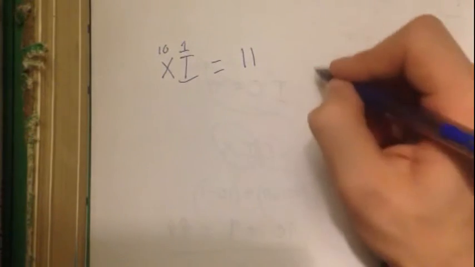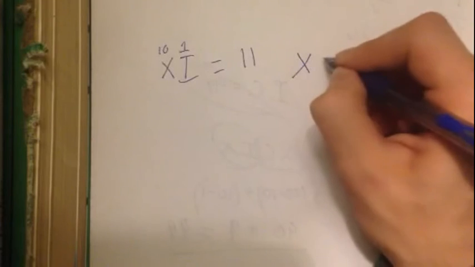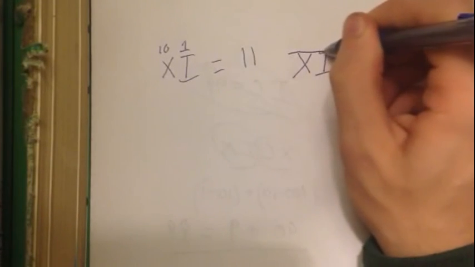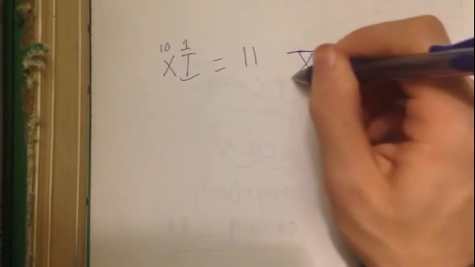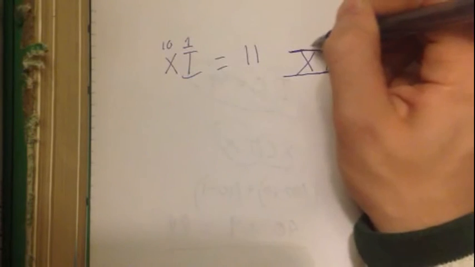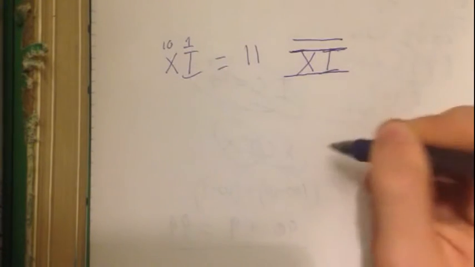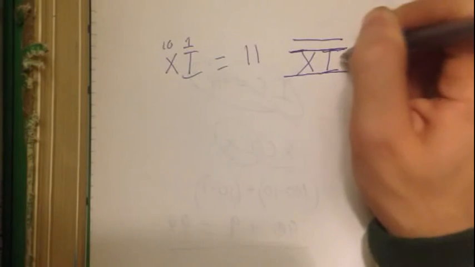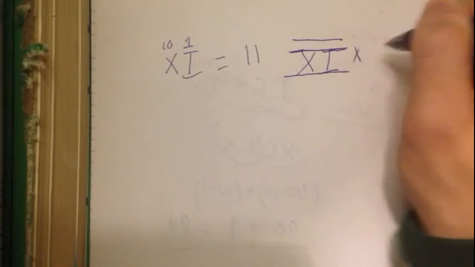But if you had the number XI written with a line over the top of it, that signifies that we're multiplying this number by 1,000.